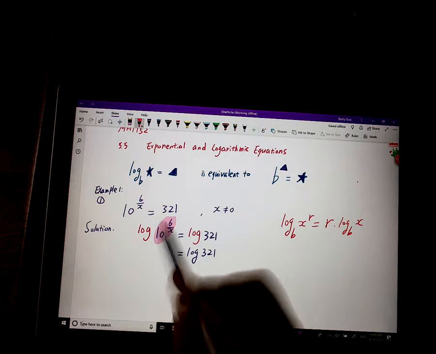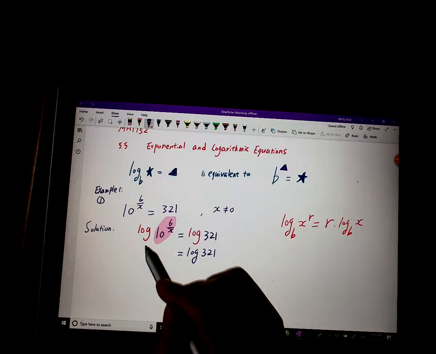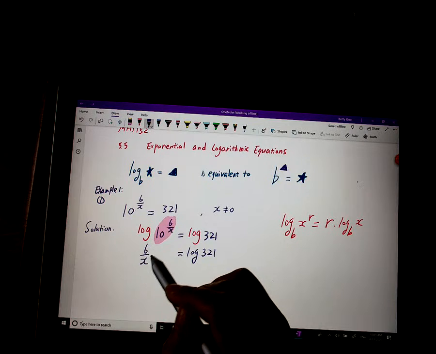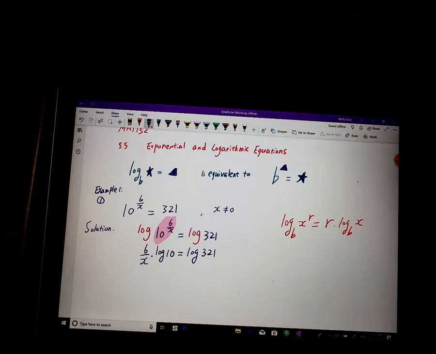So we are going to move 6 over x in front, and then multiply by log 10. Once we move 6 over x away, in front of the logarithm, there's no exponent on the shoulder of 10 anymore. That is the power rule.